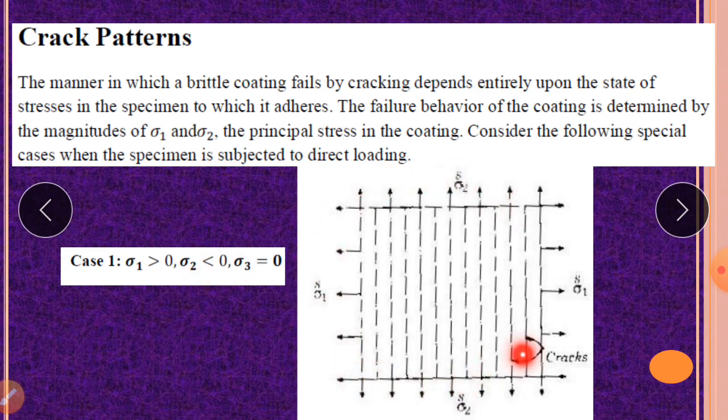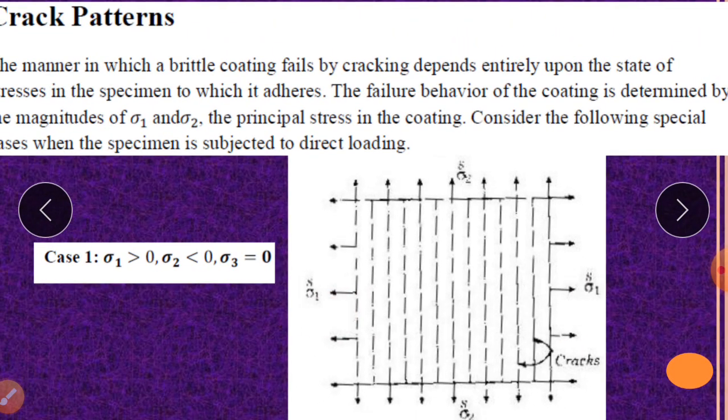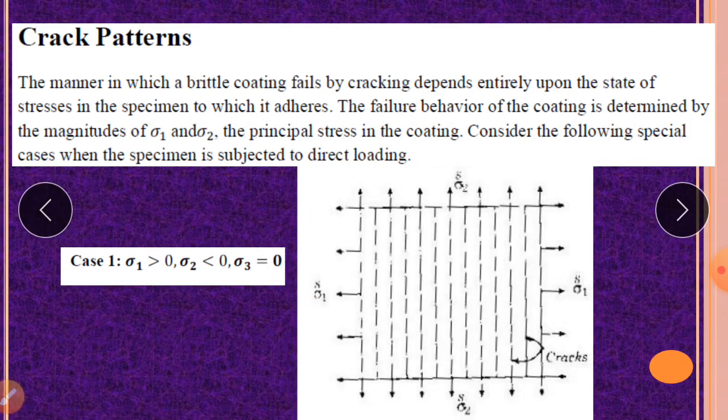See this diagram. These are the sigma 1 stresses, the horizontal variations seen here. This stress is applied in this direction, and sigma 2 stresses are in this direction. As per the case, sigma 1 is greater than 0, having some positive value, and sigma 2 is less than 0.